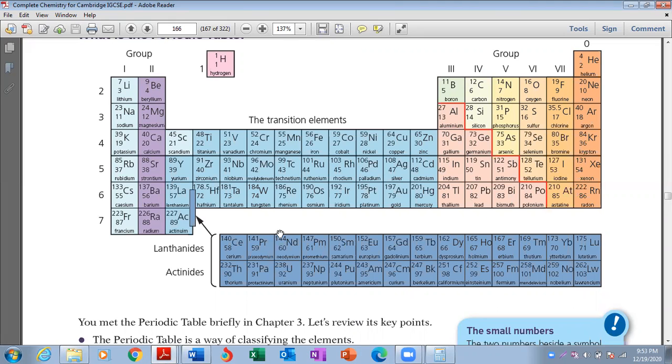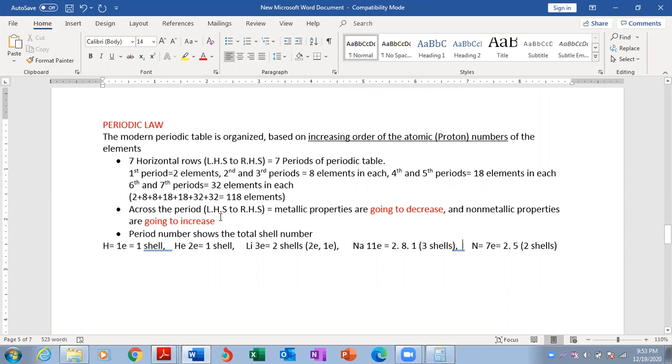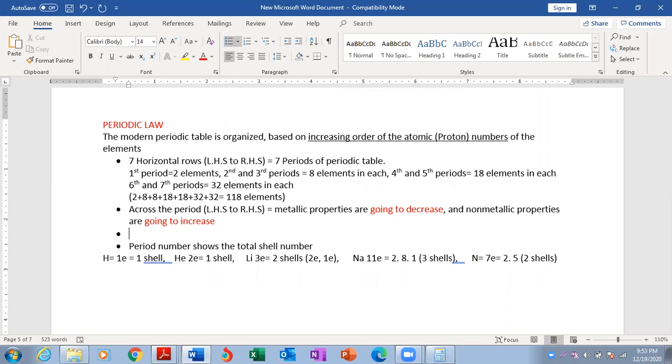So one more piece of information that you find from the periodic table: across the period, the metallic properties are going to decrease and non-metallic properties are going to increase. So what do you mean by that?